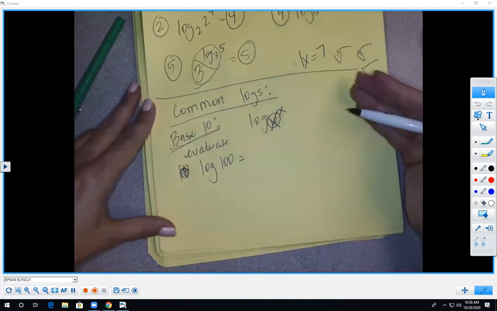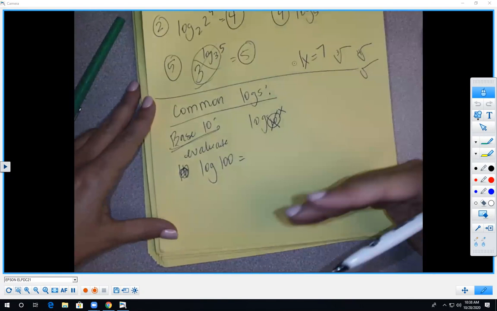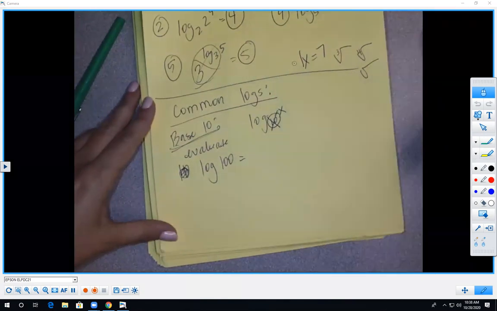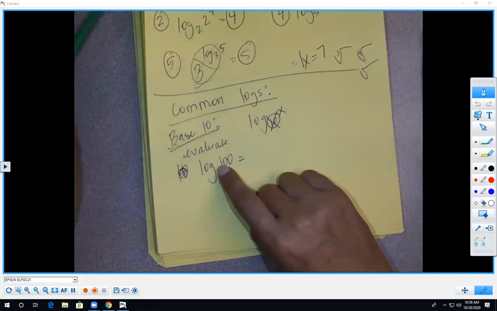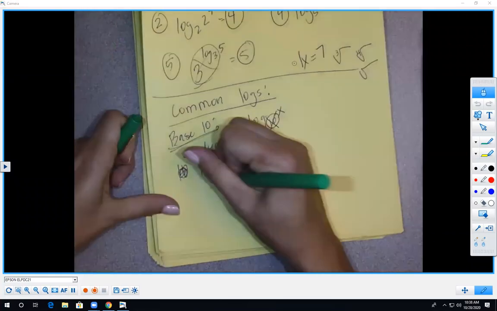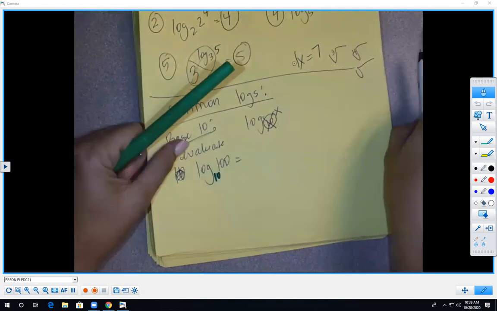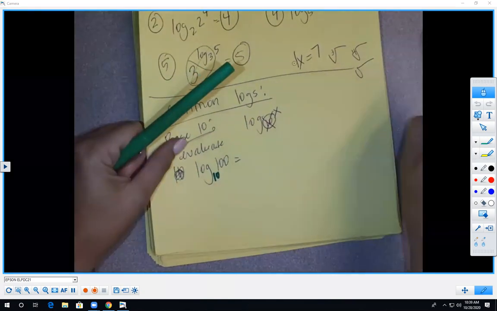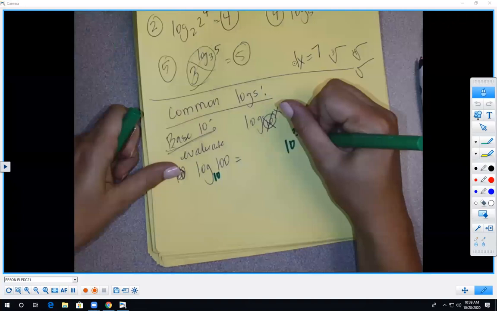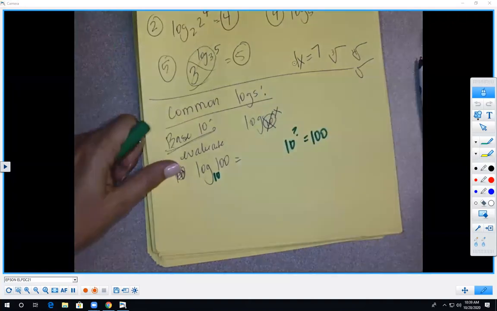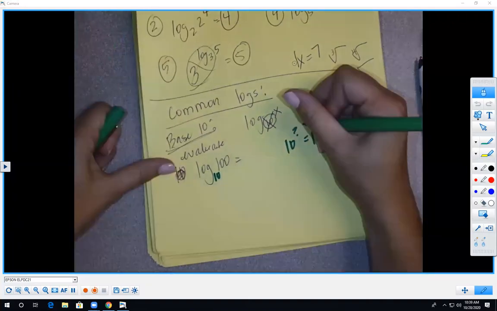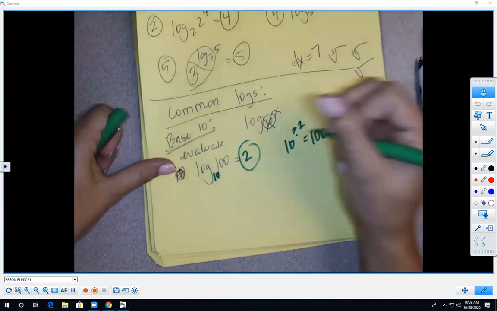No. Is it wrong to write the 1 there? No. It's just extra information. So if it helps you, feel free to put a 10 down there, because then it might be easier to figure out that answer. If I change forms, this says 10 to what power equals 100, which would be 2. So my answer for that would be 2.